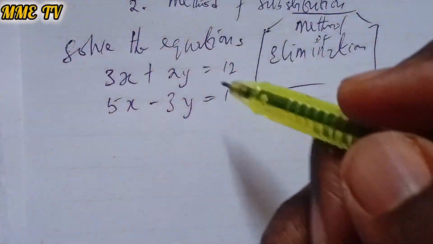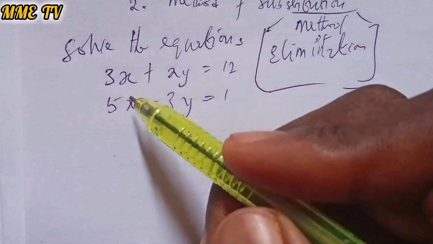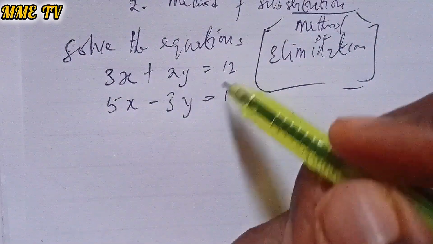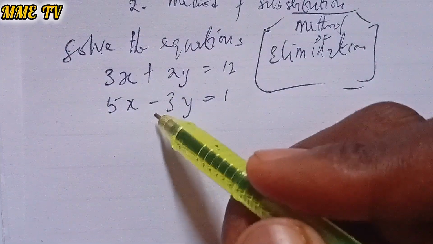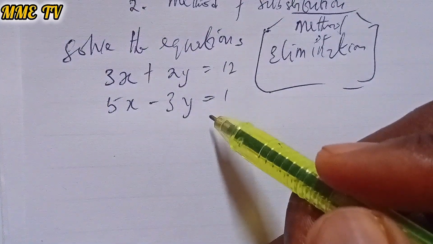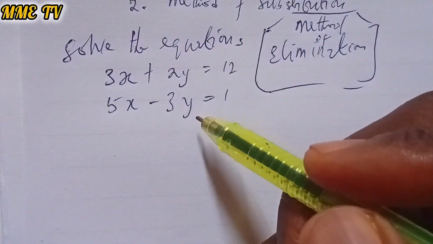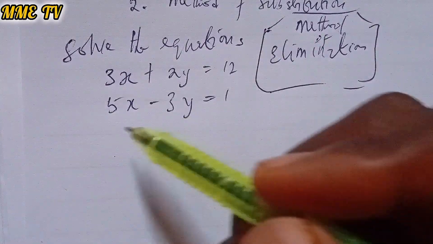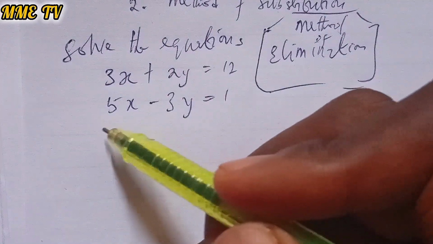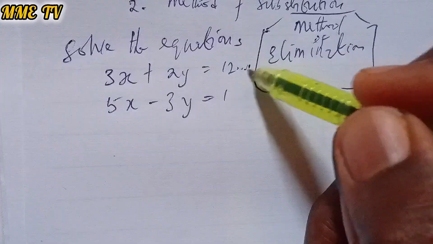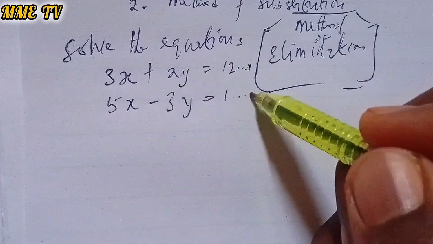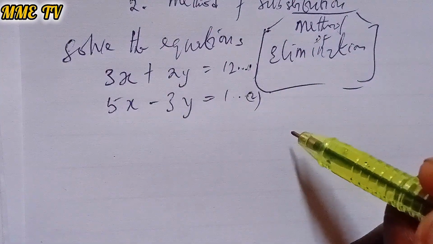Now that we are seeing that what we have is 3x plus 2y is equal to 12 and 5x minus 3y is equal to 1, right? Now, you think of what are the numbers which you are going to use. Remember that this is equation 1 and this is equation 2, right?